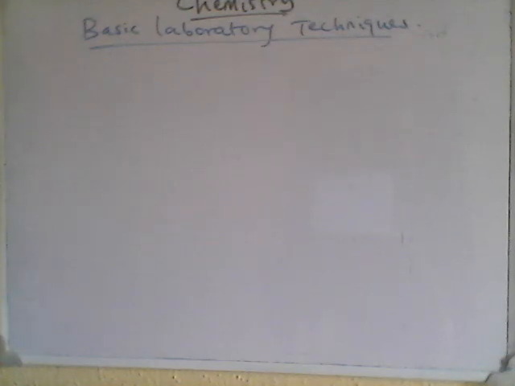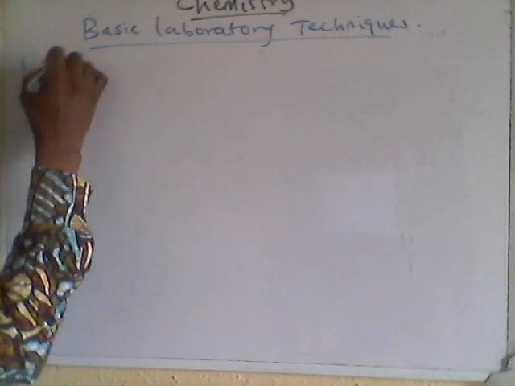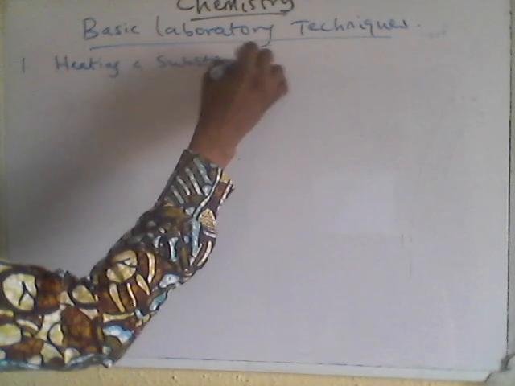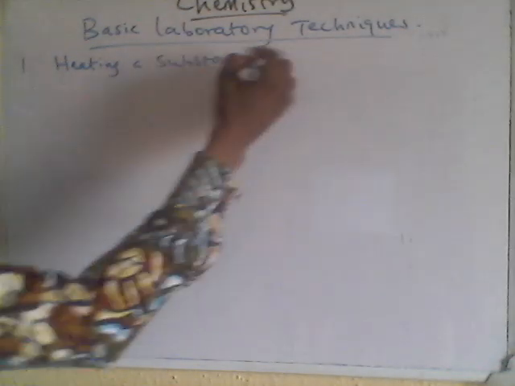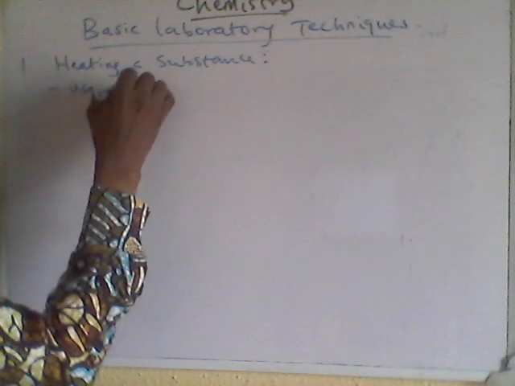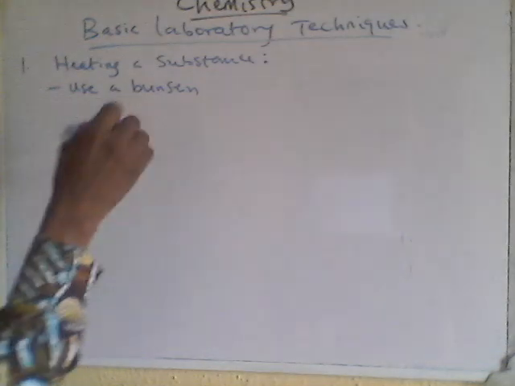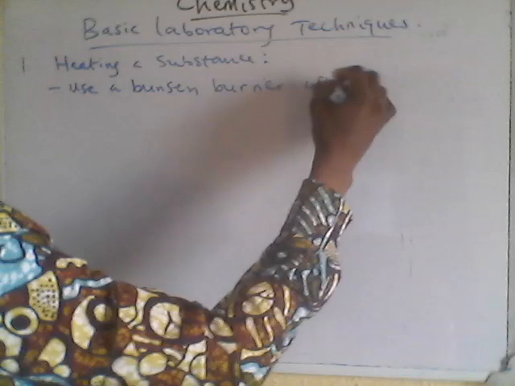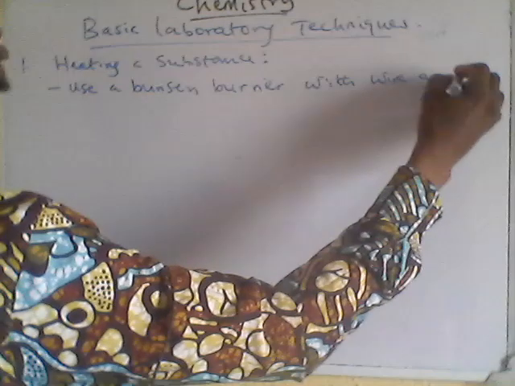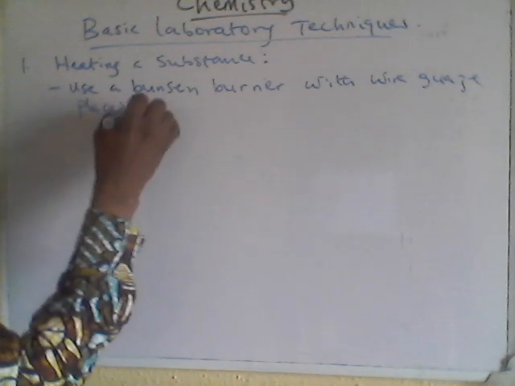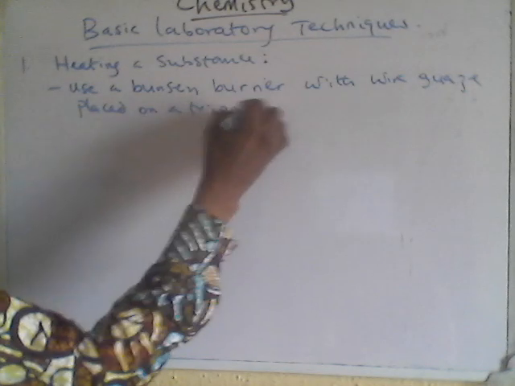So we'll go into basic laboratory techniques. In the laboratory, we'll be doing things like heating a substance. When we do that, we should observe the following. Number 1, under heating a substance, we should use a Bunsen burner with wire gauze placed on a tripod stand.